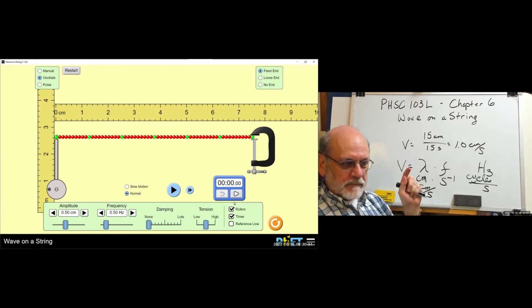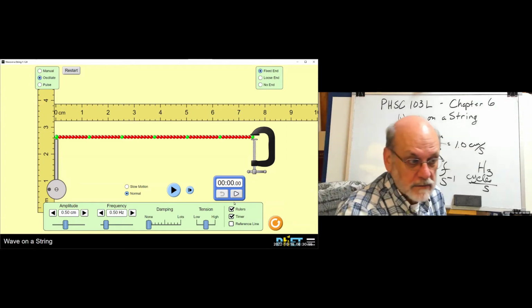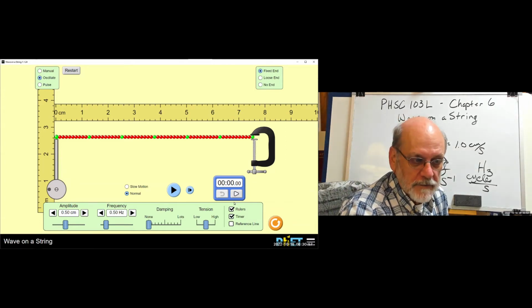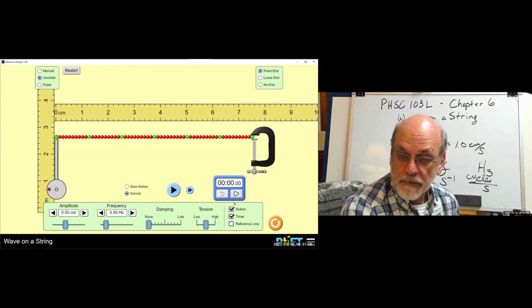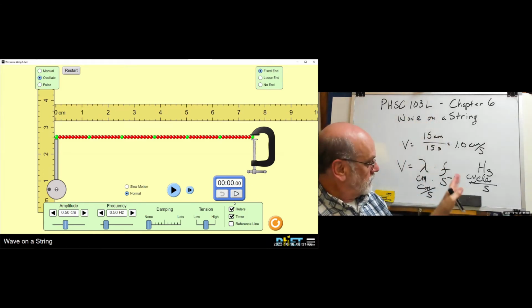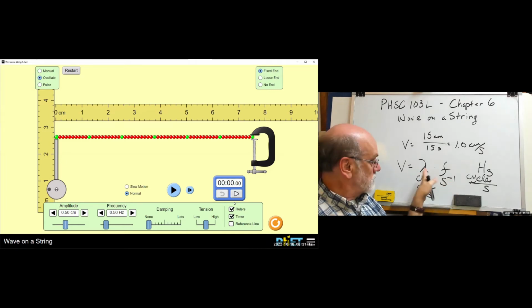And how long does it take? Well, you look at your table, 15 centimeters in, let's see, 4 seconds. Right? So 4 divided into centimeters.